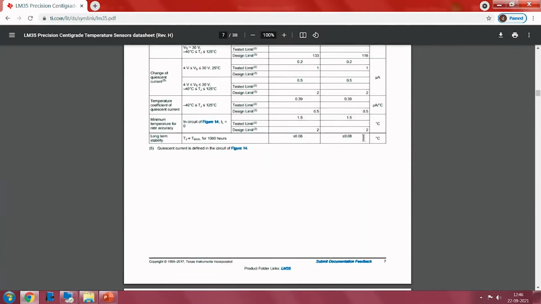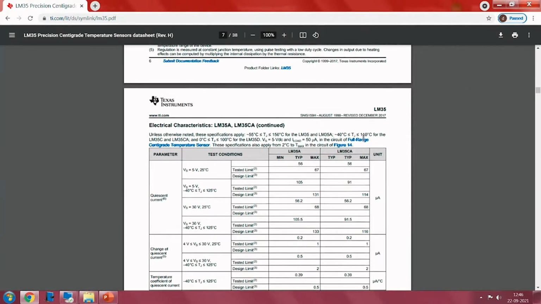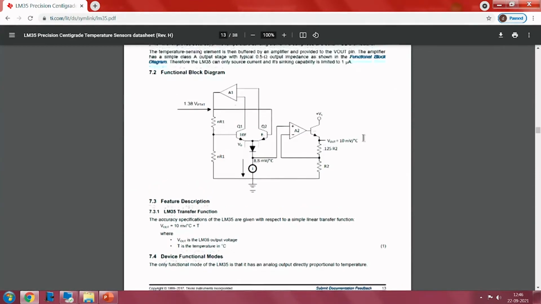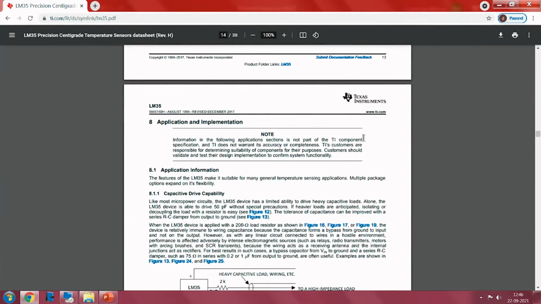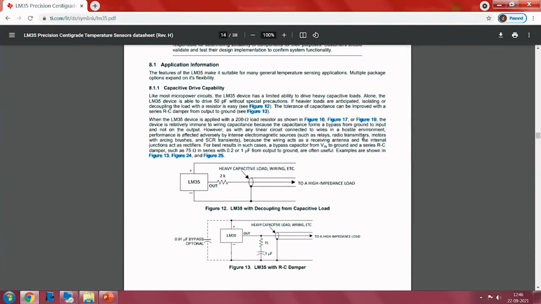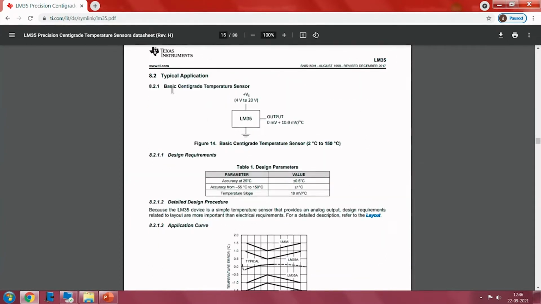Now there are a few characteristics and further information about the sensor that can be found in this data sheet, and there is an application note where you can refer to the connections for better accuracy, and to eliminate noise like ground loops, common mode noise or differential noise. Here, it is basically a centigrade temperature sensor, which means that it can only measure degrees centigrade.